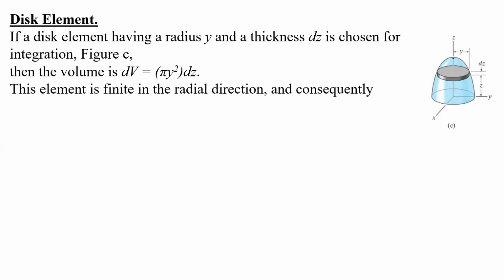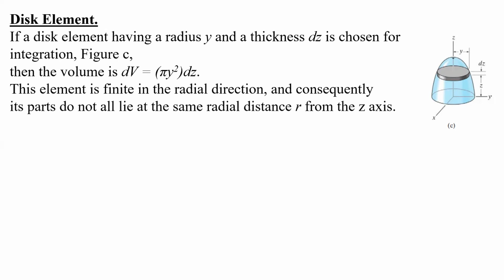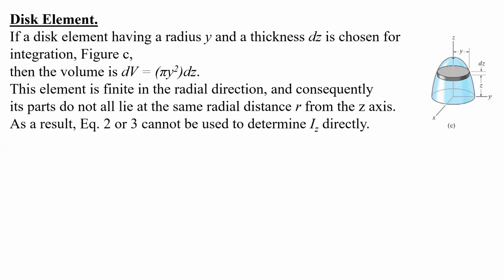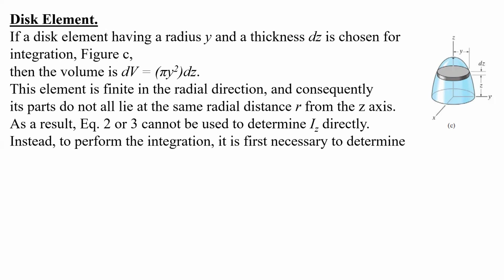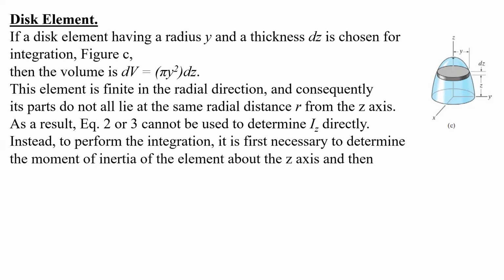This element is finite in the radial direction, and consequently its parts do not all lie in the same radial distance r from the z-axis. As a result, we cannot use equation 2 or 3 to determine Iz directly. Instead, to perform the integration, it is necessary first to determine the moment of inertia of the element about axis z, this axis z, and then integrate this result.